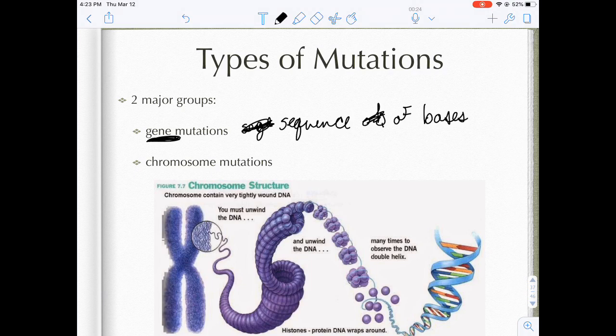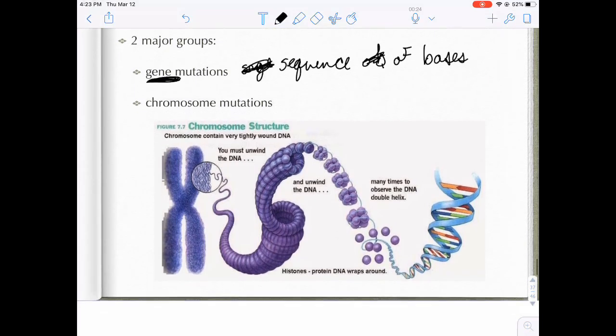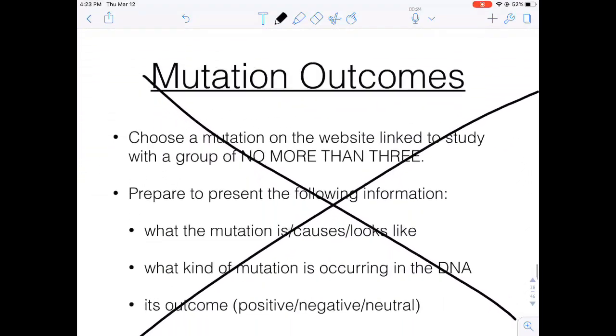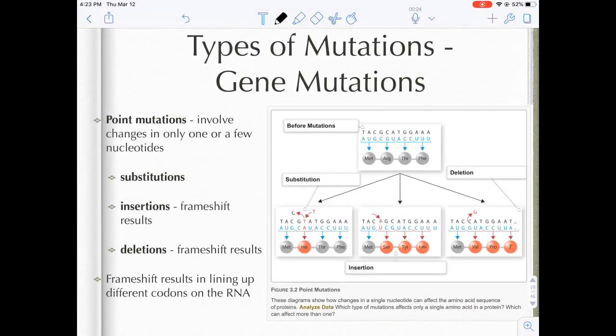So when bits of chromosomes or entire chromosomes are either inserted where they're not supposed to be or not put in where they're supposed to be. All right. So in terms of types of mutations, we're going to start with the gene mutations first. So again, these are the ones about the sequences of DNA.